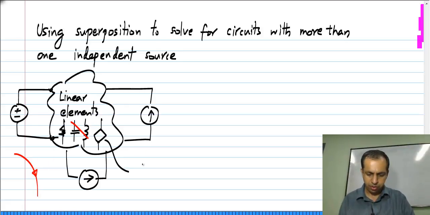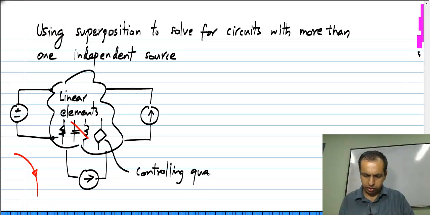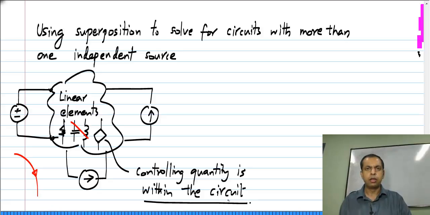The controlling quantity is within the circuit. Now, because these are all linear elements, it turns out that we can use the principle of superposition.